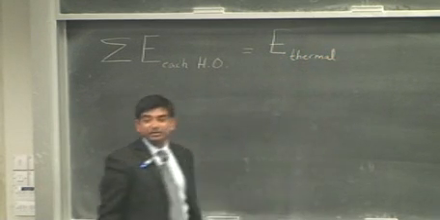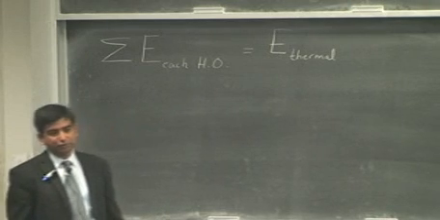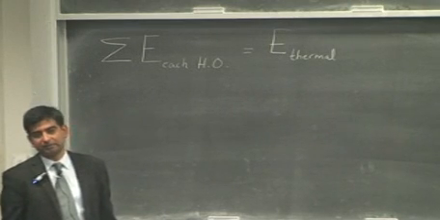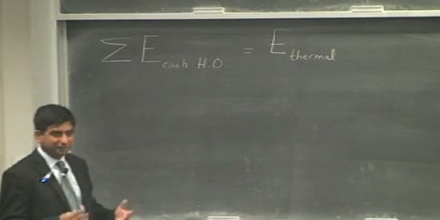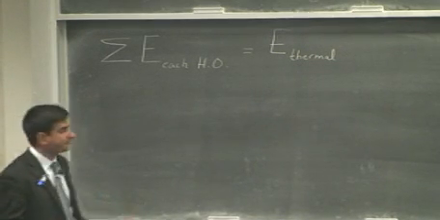But we know that this is not possible. It looks good on paper, but it can't be done. So let's try using some device which actually measures this thermal energy.